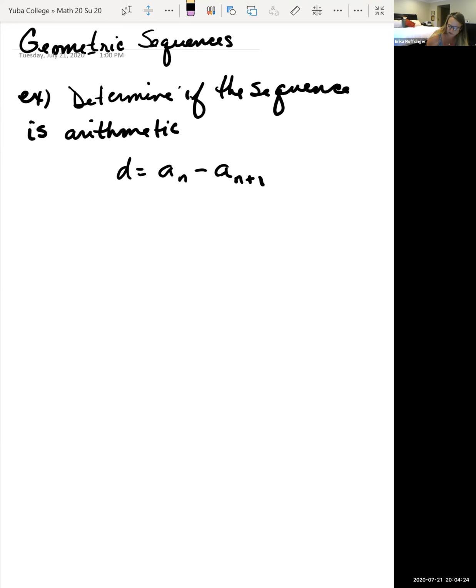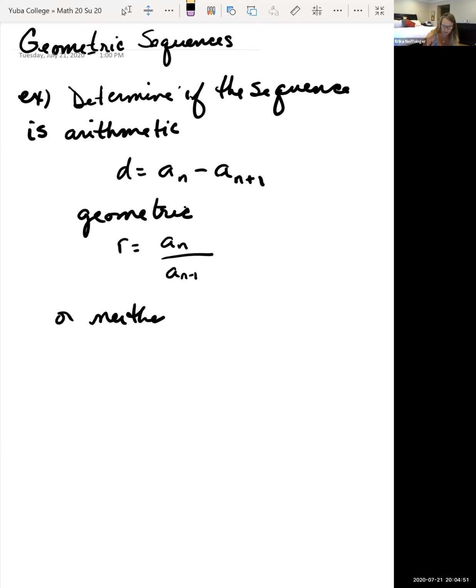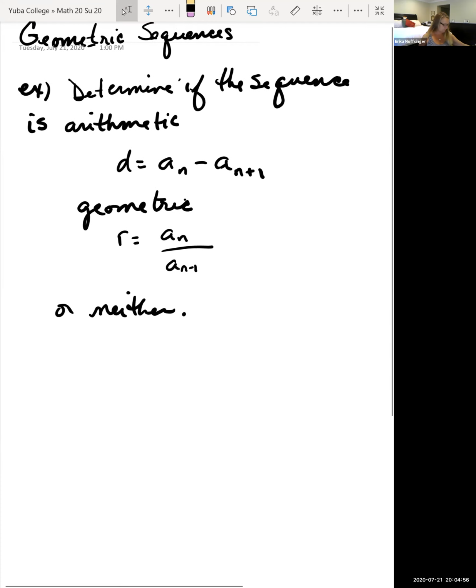And for geometric, we look at a term divided by the term right before it. If that gave us a constant, that's our common ratio, and it would be geometric. If neither of these worked, then it would be neither.